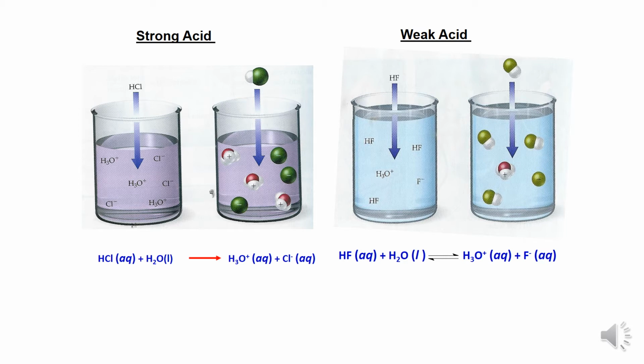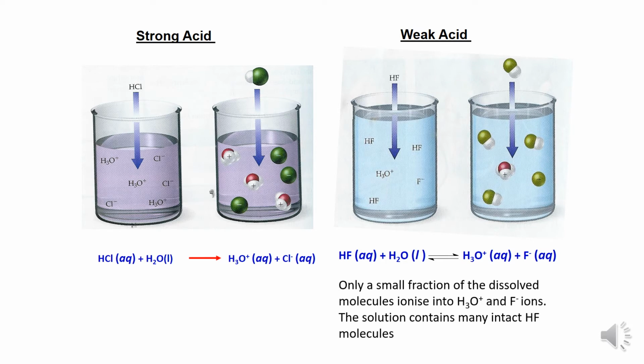Dissociation is partial. Notice here, only a small fraction of the dissolved molecules ionize into hydronium ion and fluoride ions. The solution contains many intact HF molecules. Why? For a strong acid HCl, the solution contains no intact HCl.